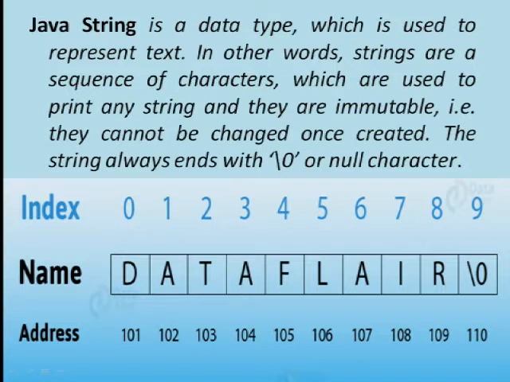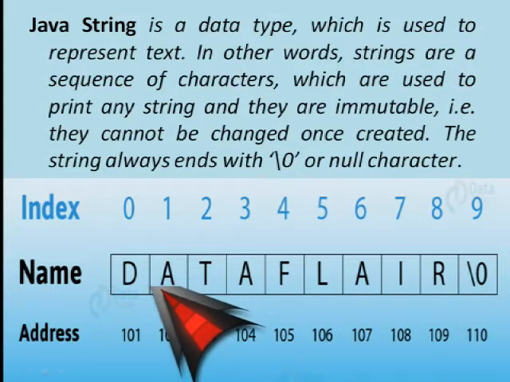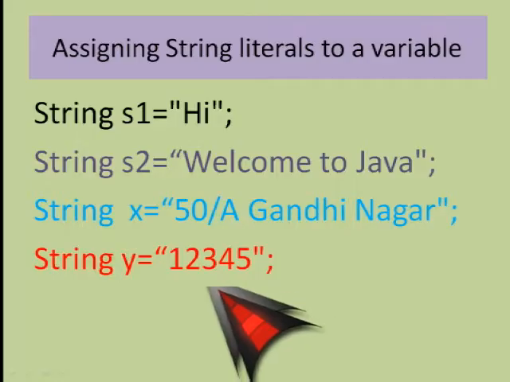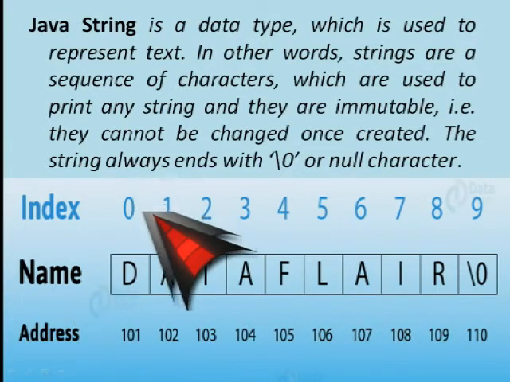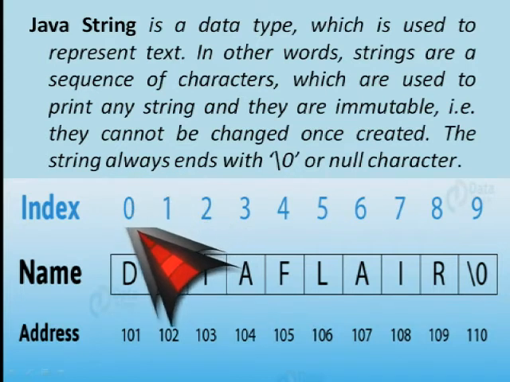If I think of the string as mentioned over here, "data flyer", each and every character is going to be stored in different boxes or indexes, starting with index number 0, in the computer memory.